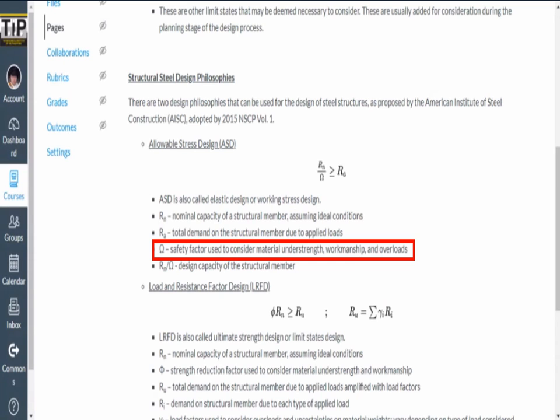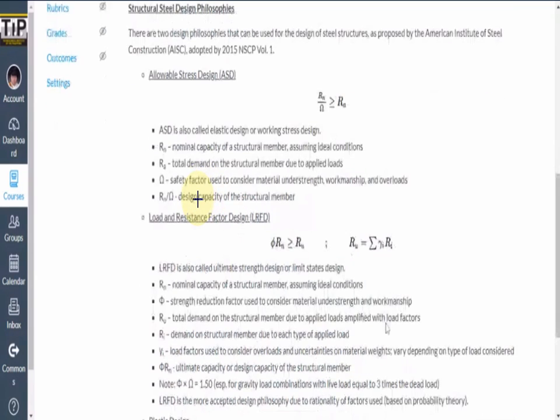Okay. So now let us go with the second philosophy, the one that is more normally used in structural design. We have the load and resistance factor design or LRFD. So in reinforced concrete design, in RCD, this one is called the ultimate strength design, no?